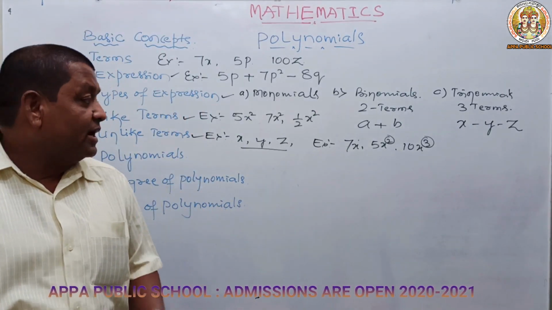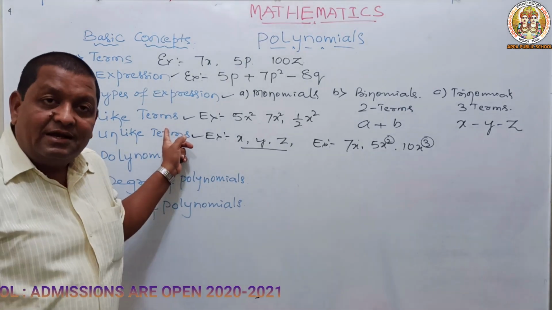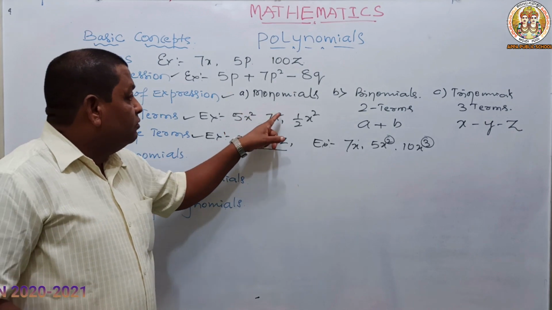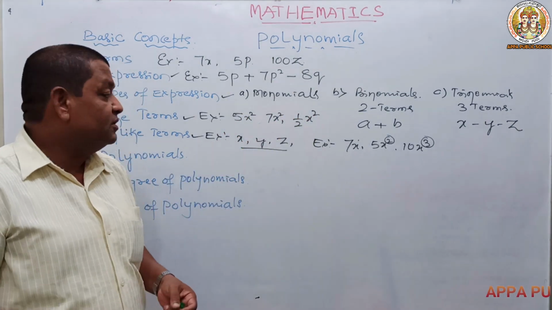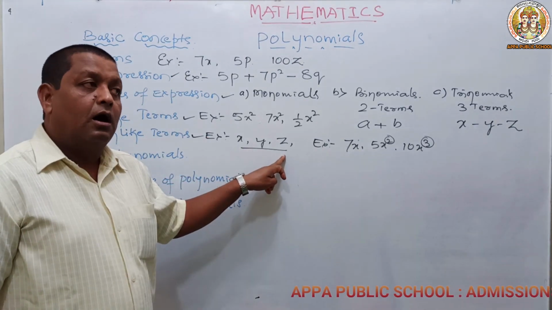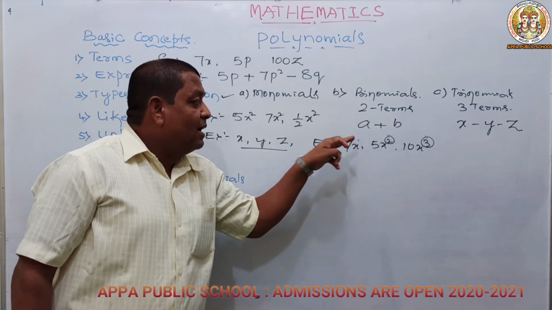Let me tell one more time. Like terms are the terms which contain the same variable with the same power. Unlike terms are the terms containing different variables or the same variable with different powers.